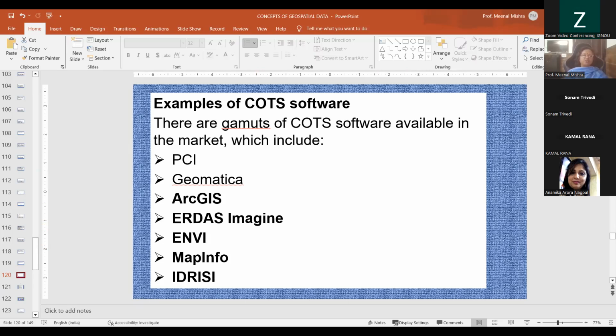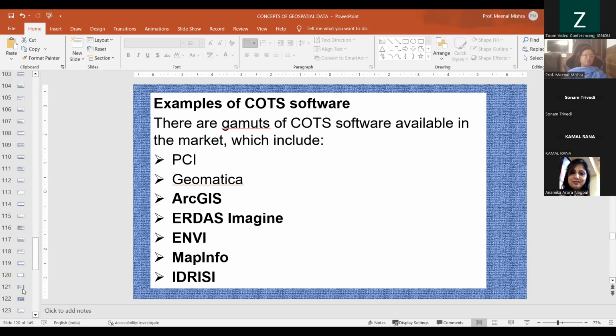So similarly, you have MapInfo and other software also. ENVI is also one of the software, that is Environment for Visualizing Images, and this is used to process and analyze geographical information, and this is promoted by ITT Visual Information Solutions.